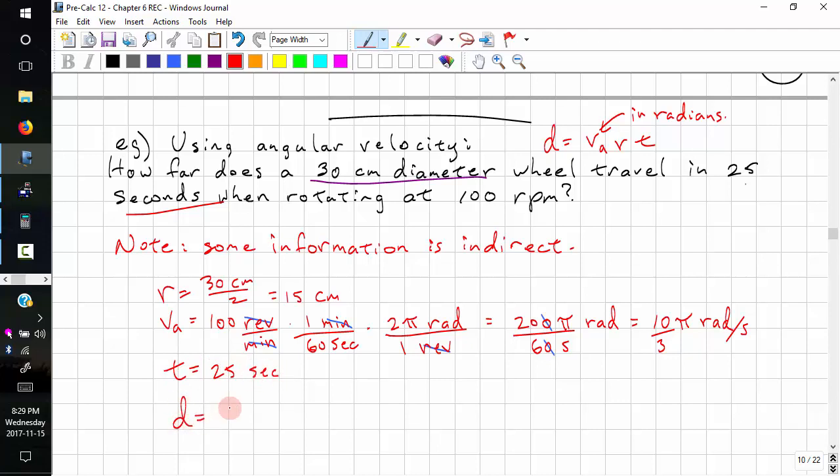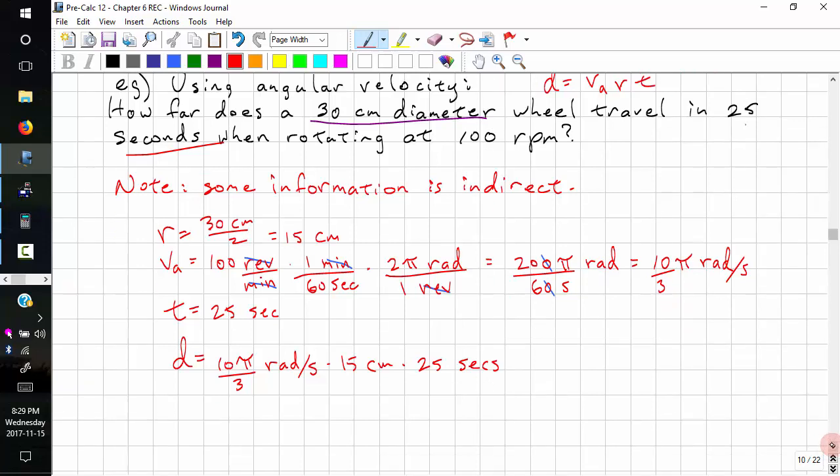D equals 10 pi over 3 radians per second times our radius, that's 15 centimeters, times our time, which is 25 seconds.